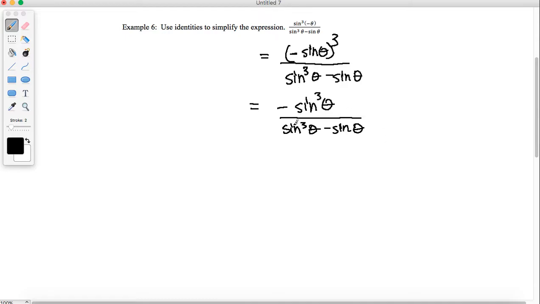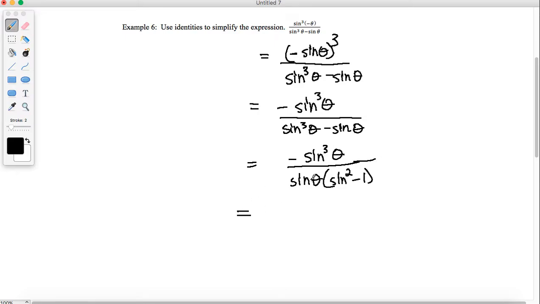And so now I want to simplify this. Now there is no identity with something to the third power, so we're going to have to do some other things. All right. If I look in my denominator, both of those terms are sine, right? And so what I naturally think is, well, let me factor out a sine, because all of these expressions have a sine in it. And when I factor it out, I'm going to get a sine squared minus 1 left.